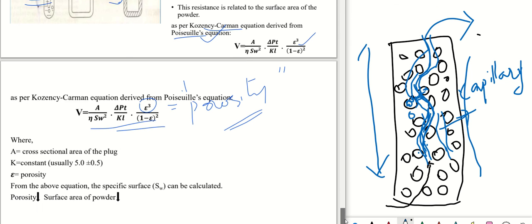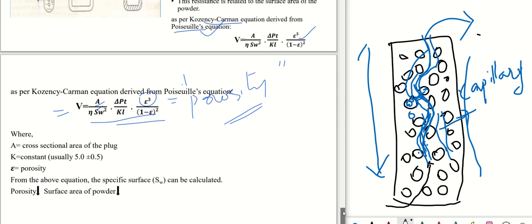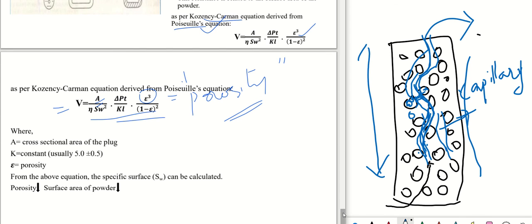V, the amount of gas absorbed, is equal to A, the cross-sectional area of the plug. Here the powder plug is seen. Eta is the viscosity of air or the gas. SW is the parameter we need to determine.